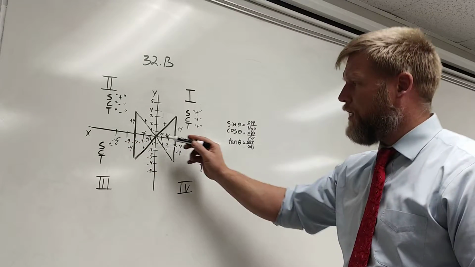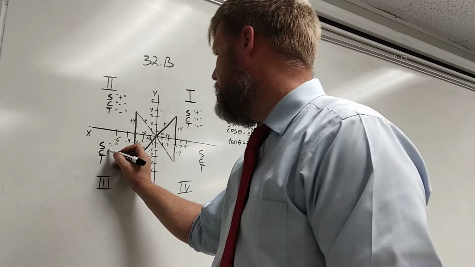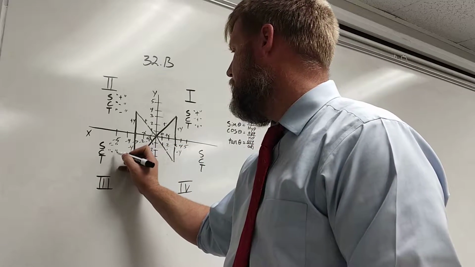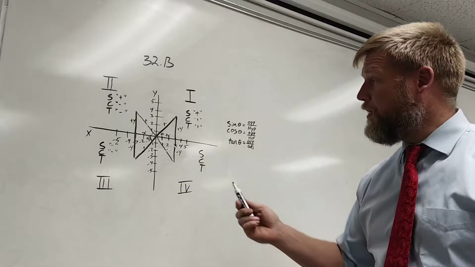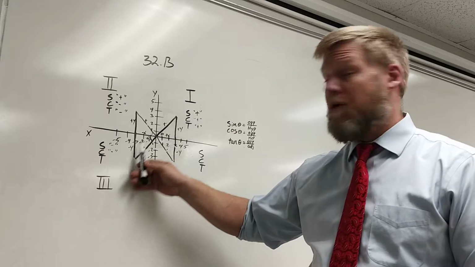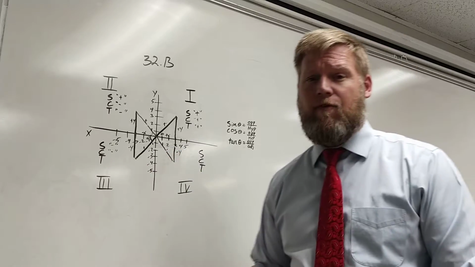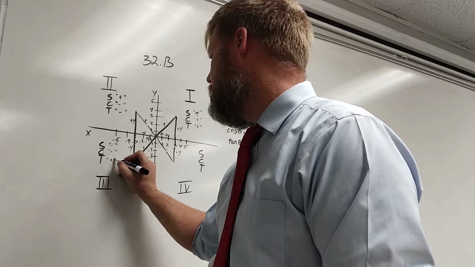For my cosine function, it works out as a negative too. A negative divided by a positive is a negative. And then I ask, well, what about my tangent? Now, tangent's a little unique here because it's opposite over adjacent. And opposite is a negative. My adjacent is a negative. And a negative divided by a negative is a positive. So I'm going to go ahead and put a little positive here.